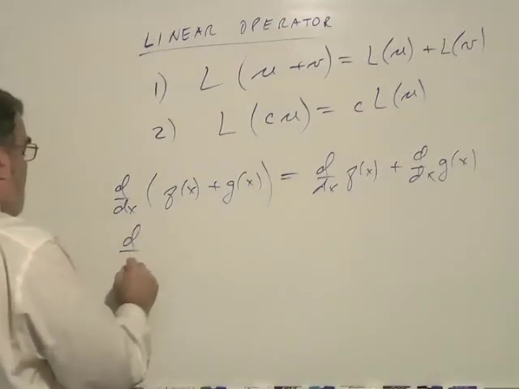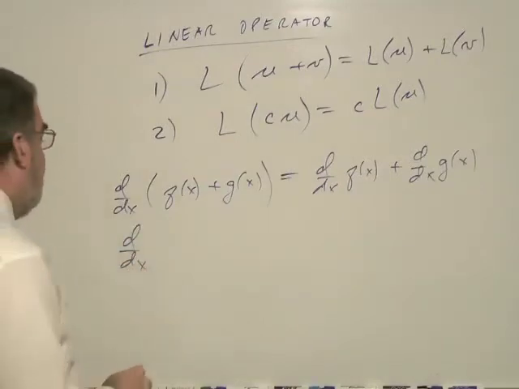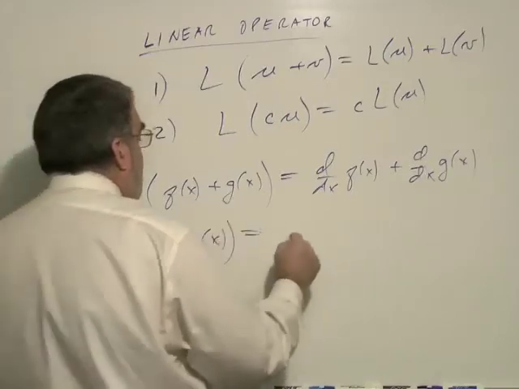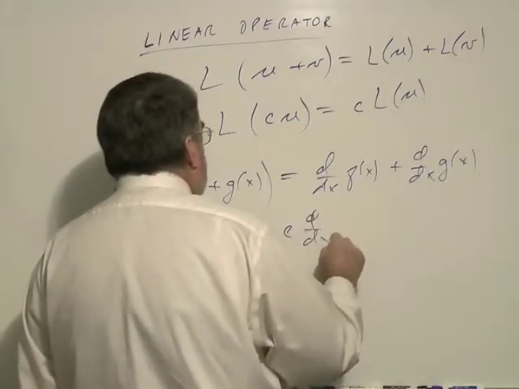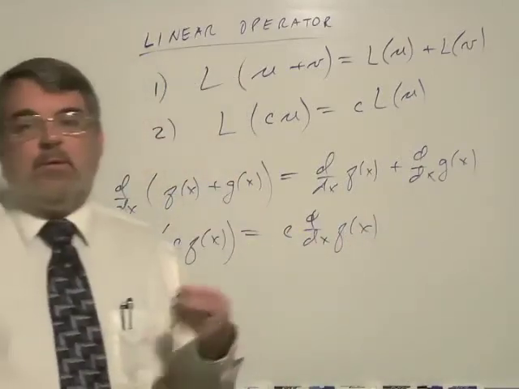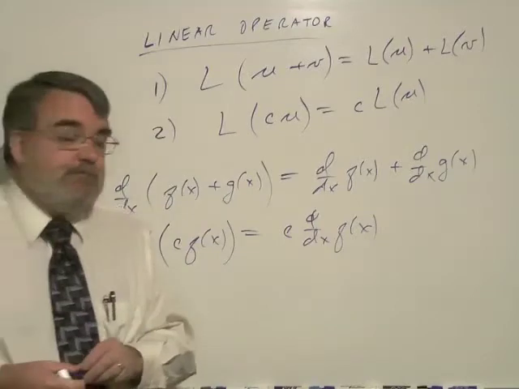And another theorem you learn in early calculus is that the derivative of a constant times a function is simply the constant times the derivative of the function. So that shows that the derivative is a linear operator.